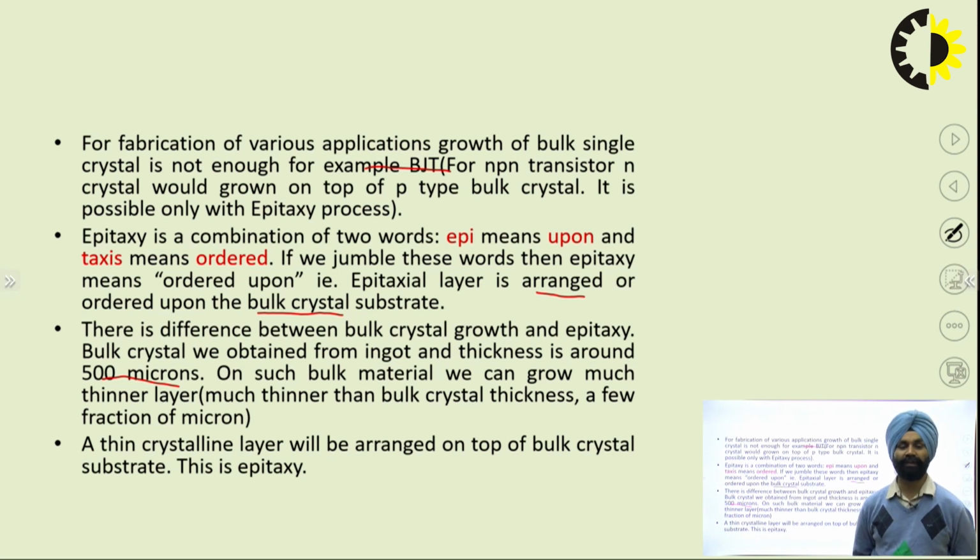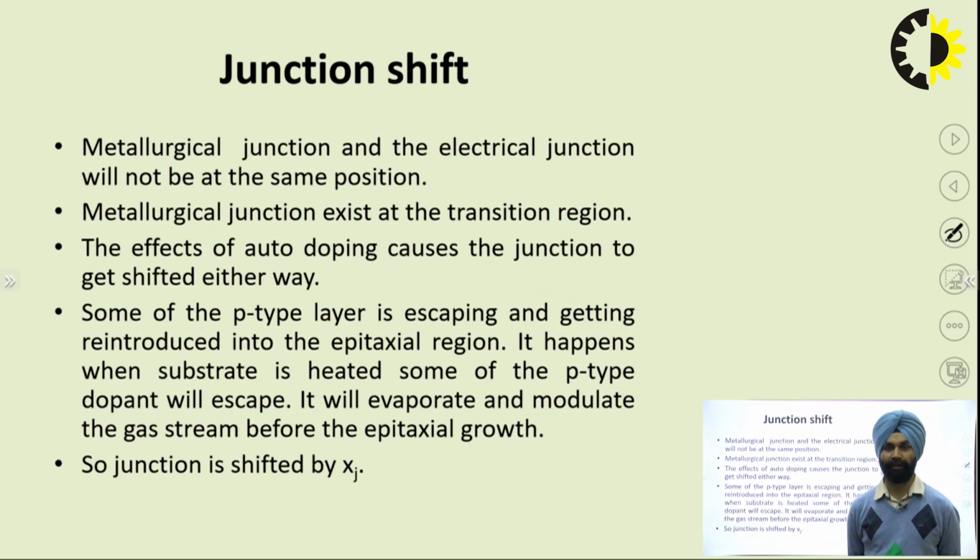It is approximately 1 micron or 0.5 micron or even lesser. So, the thin crystalline layer that is grown upon the bulk crystal is called the epitaxy, in which we deposit another substance over the wafer. According to the deposition, we can say that it is homoepitaxy or heteroepitaxy.